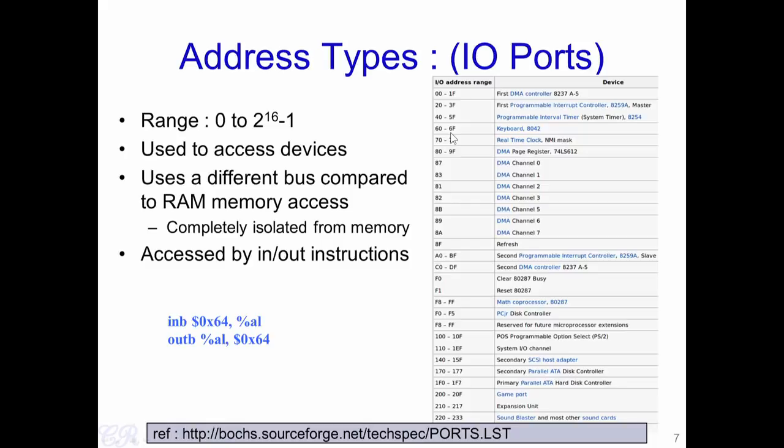In a similar way, the DMA controller would be present from C0 to DF. Other things like a SCSI or a primary hard disk present in your system will be present from 1F0 to 1F7. In this way, several devices had very specific addresses in the system.